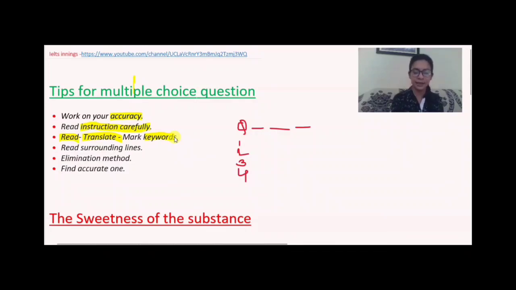After that, mark the keywords and then find the location of the keywords. Then after doing all this, read the surrounding lines. With the help of the surrounding lines, you can find the correct answer, the correct location, or the correct keyword.